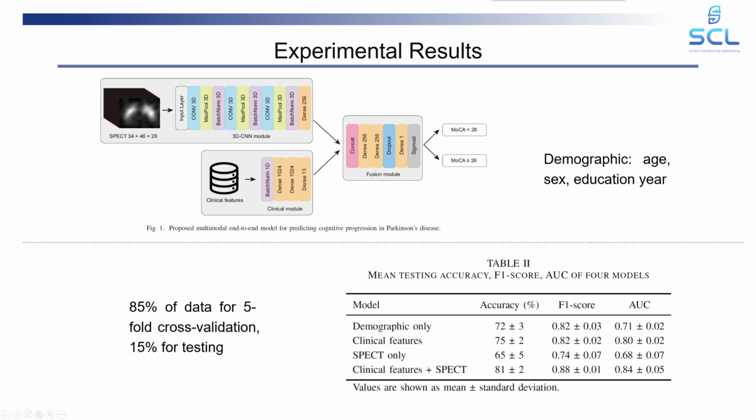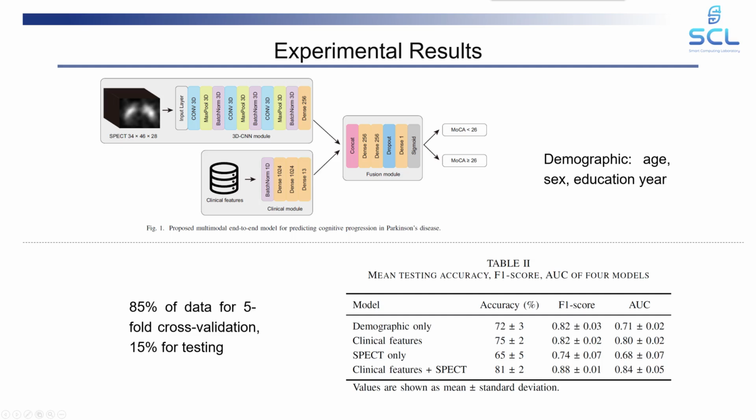We split the data into two parts: 85% of data for cross-validation to pick the best model based on the highest F1 scores, and the remaining 15% for testing. Besides our main model, we built 3 other models to compare results.